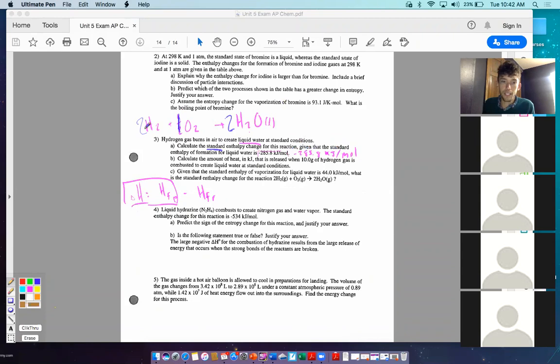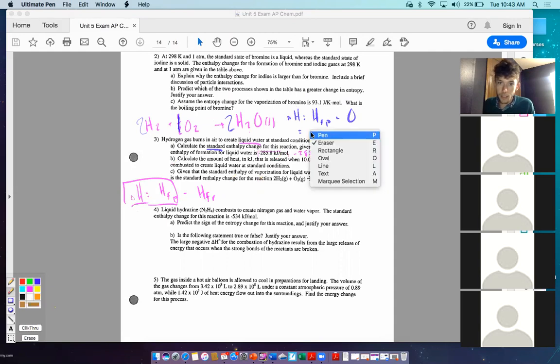In other words, if I did balance it like this, then my equation would become delta H equals heats of formation of the products minus heats of formation of my reactants, which is still 0. Heats of formation of my products is going to be twice this value. And so I would have gotten 2 times that number. Let me see what that is. 2 times negative 285.8, negative 571.6 kilojoules.